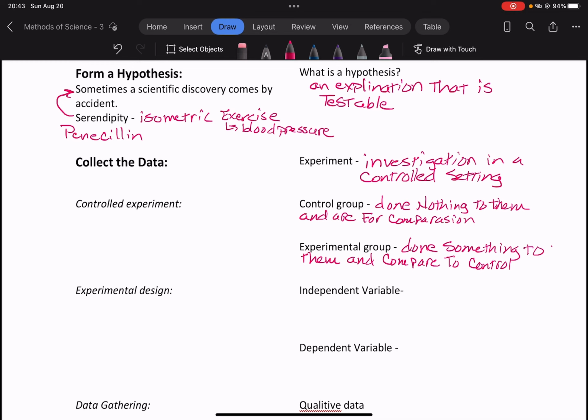So we have some comparison. So the independent variable is what the scientist changes, and it affects the outcome.